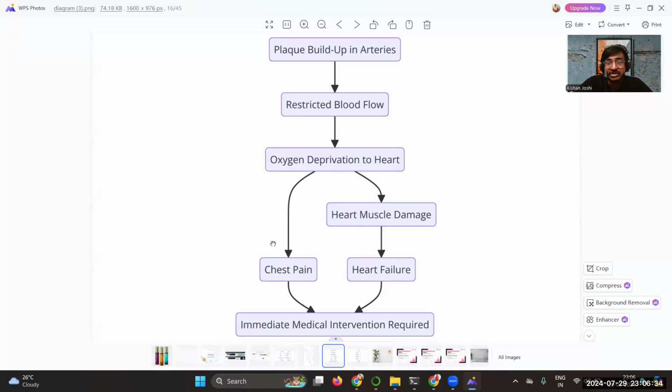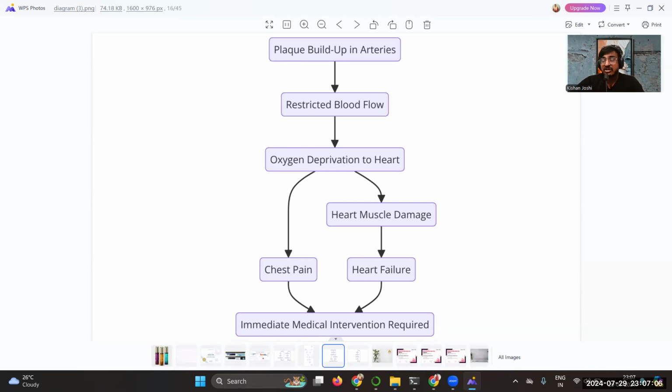So oxygen deprivation to the heart happens. The basic function of the blood is to supply oxygen, nutrients and water to the different parts of the body. And when the blood gets restricted, oxygen deprivation is seen.